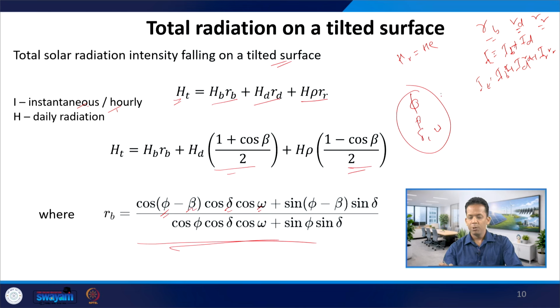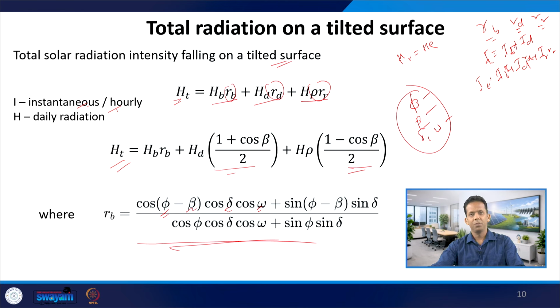Once we have these four things for a given location, date and time and tilt angle of the surface, we can calculate the tilt factor for each type of radiation, and based on the radiation data we can calculate the total radiation using this formula. Clear?